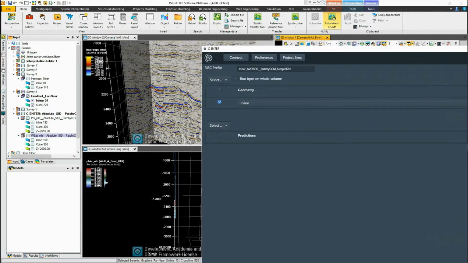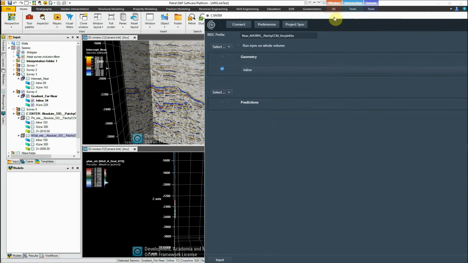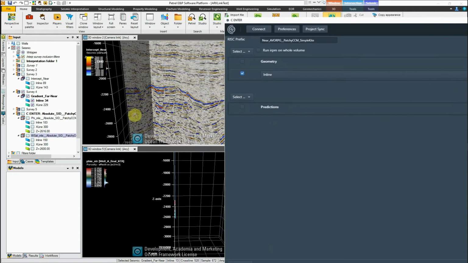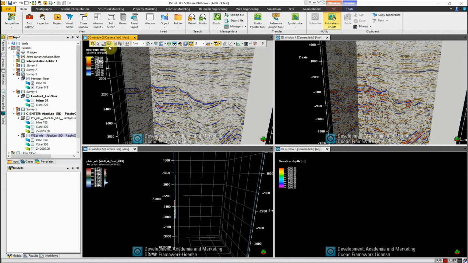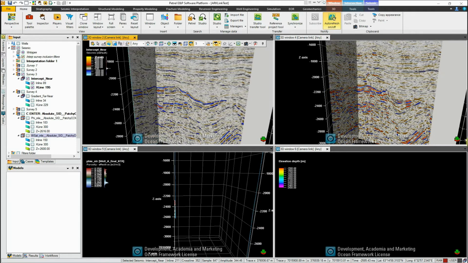We know the well was around 89, right? So let's choose inline 89. Let's start with that. We could have a look here and choose a cross line at the same time, which would be somewhere around 352. So let's go ahead and do that.